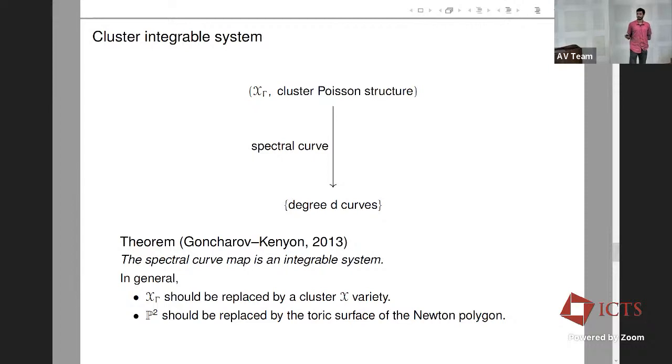So here we were dealing with the honeycomb lattice, which is the simplest example where you don't have any mutations. In general, if you start with an arbitrary polygon, you should replace this X gamma by an appropriate cluster variety. So these X gammas will be like affine charts for this cluster variety. And in general, P2 will be replaced by the appropriate toric surface. And then the same statement holds that this is an integrable system.